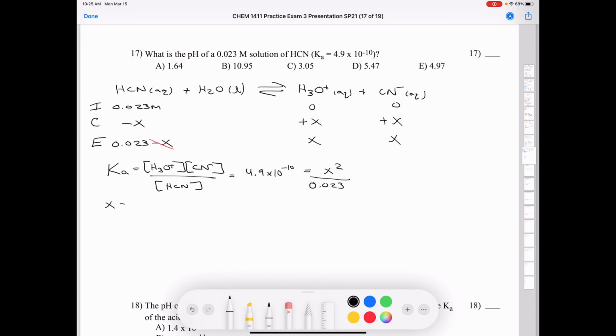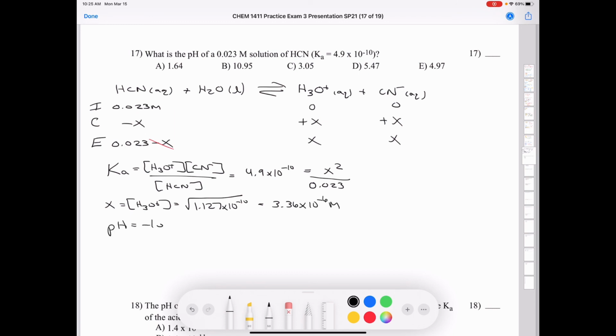I solve for my X, which is equal to the concentration of hydronium, which I'm going to need to evaluate my pH. And when I put that into my calculator, I end up with the square root of 1.127 times 10 to the negative 10. Yes, I'm carrying an extra couple of sig figs, but I'll round off at the end. I end up with 3.36 times 10 to the negative 6 molar for the concentration of my hydronium.